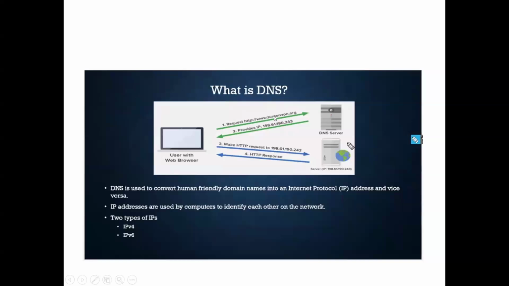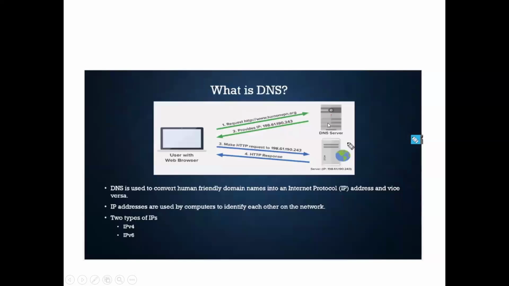Whatever request we send from the browser, if I open the browser and give www.google.com, that request will first reach the DNS server. We need to understand the flow. Immediately the request goes to the DNS server.